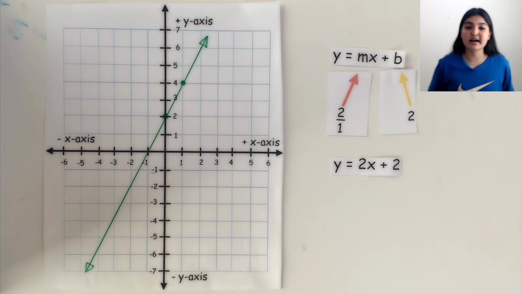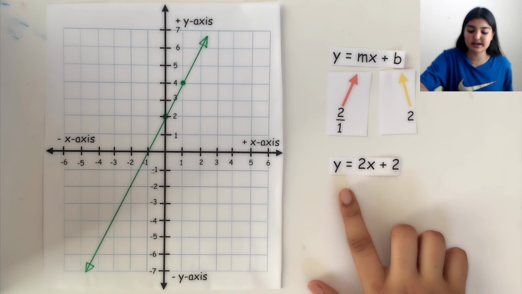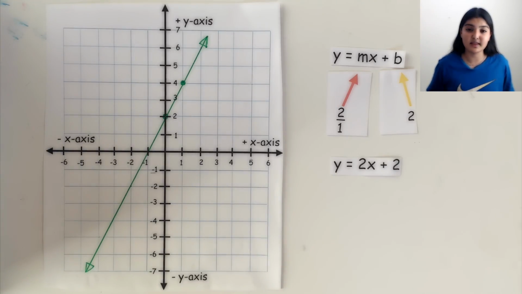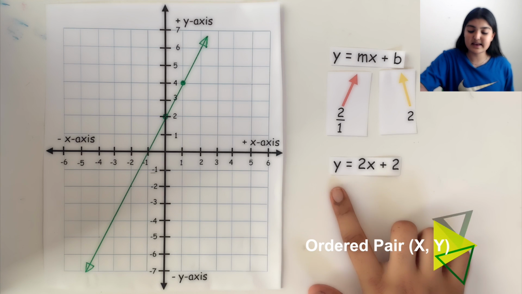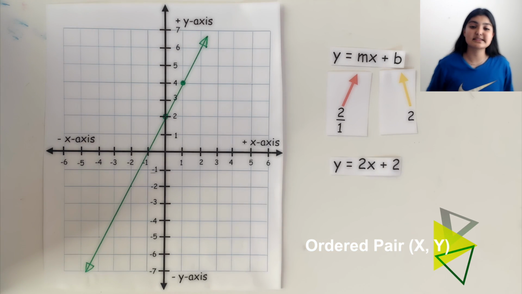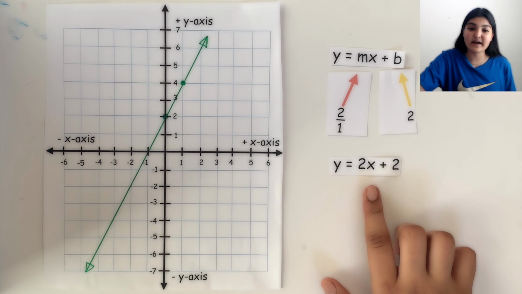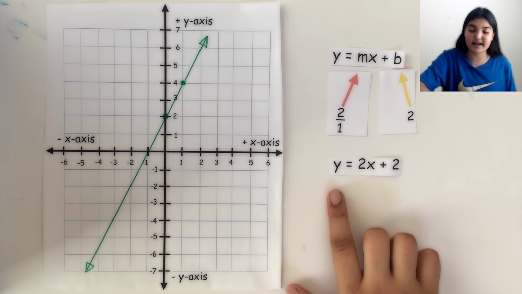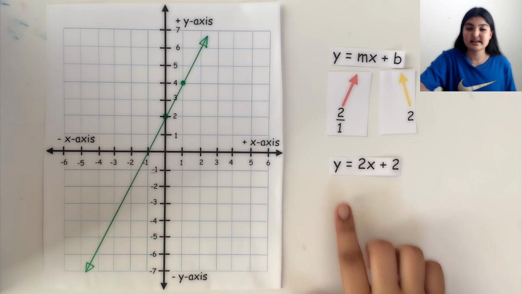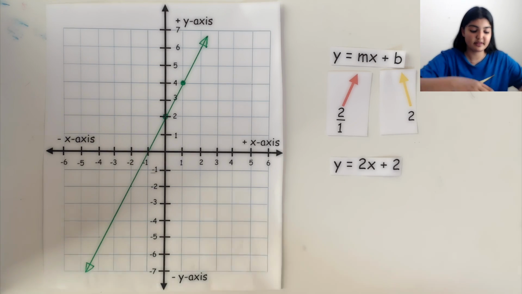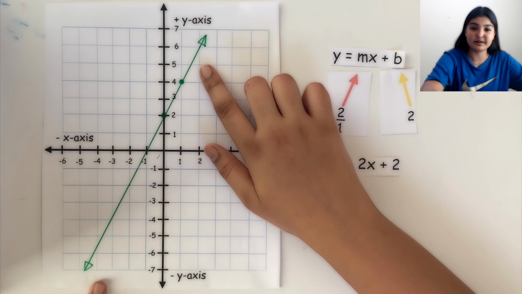Now, before, I talked about X and Y. But how do they describe the line? Well, X and Y give us an ordered pair, which is on the line. If I put in a value for X, it gives me a value for Y, and this ordered pair will be on the line.